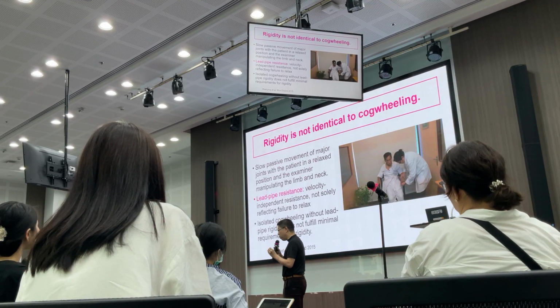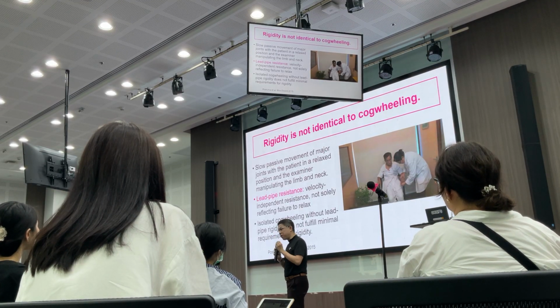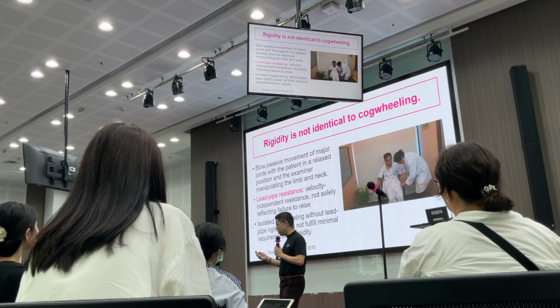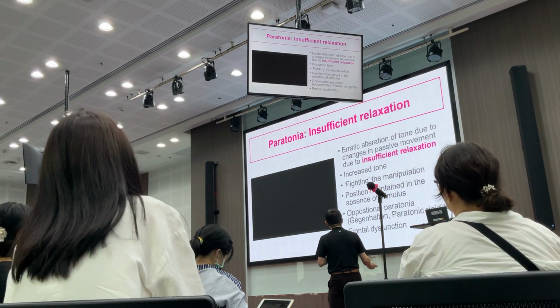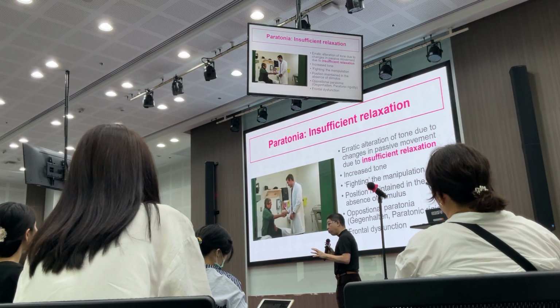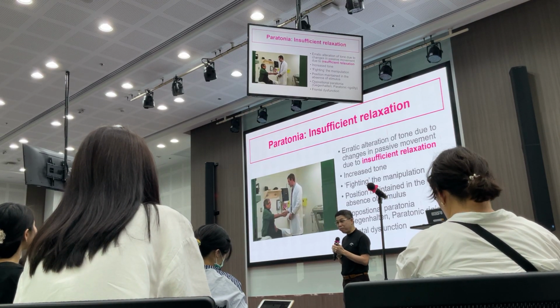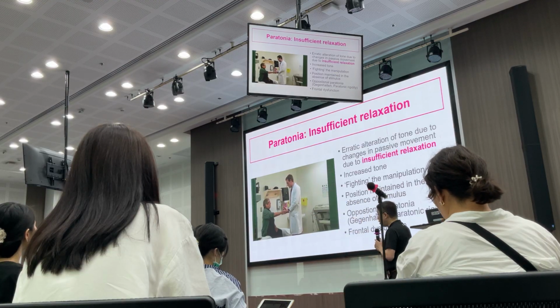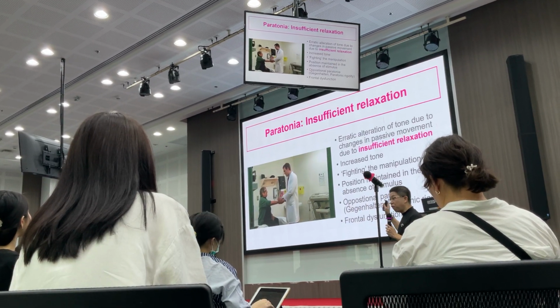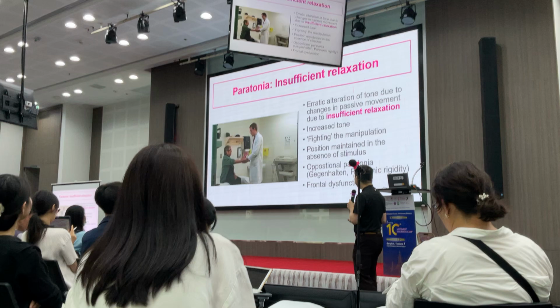You need to make sure that there is a lead-pipe component associated with it. So it's very important. And also, many times you can get confused with paratonia, particularly in those who have frontal dysfunction. So you need to be aware that paratonia and rigidity are not the same.